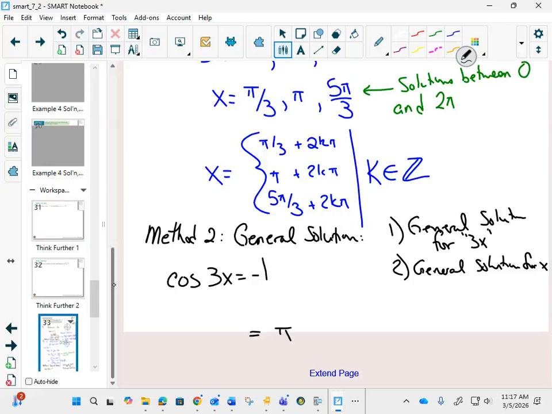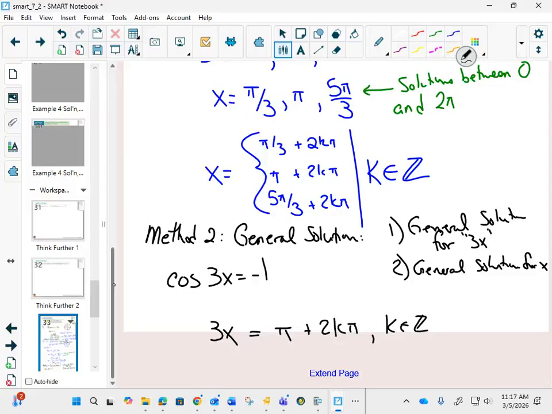And so if this was a theta, you would write theta equals pi plus 2k pi. So we're going to write 3x equals pi plus 2k pi, where k is an integer. That's the general solution for 3x, because there's only one answer between 0 and 2 pi for 3x. That's what it would be.